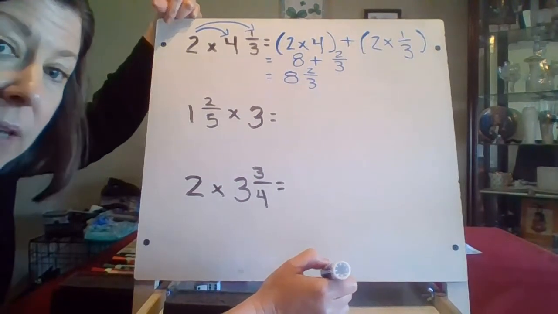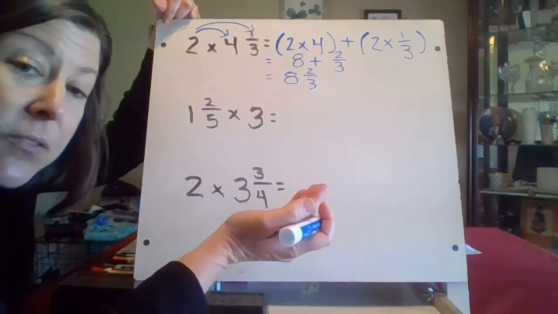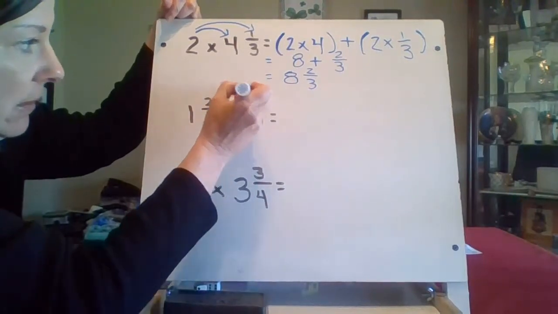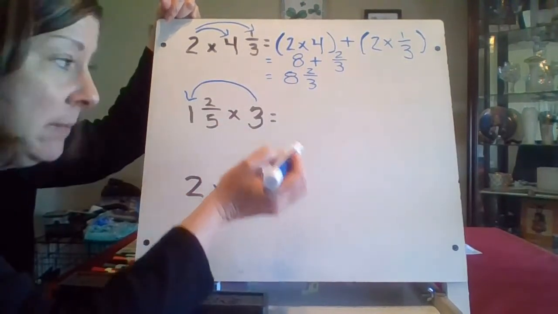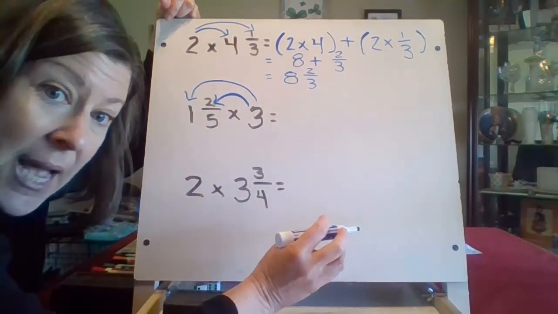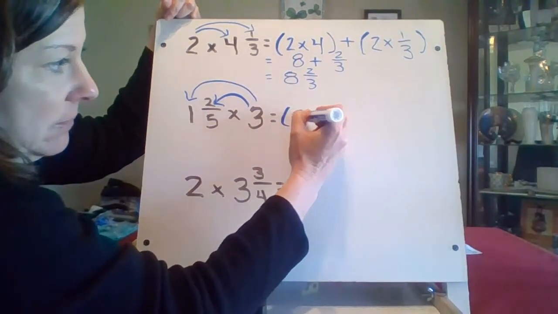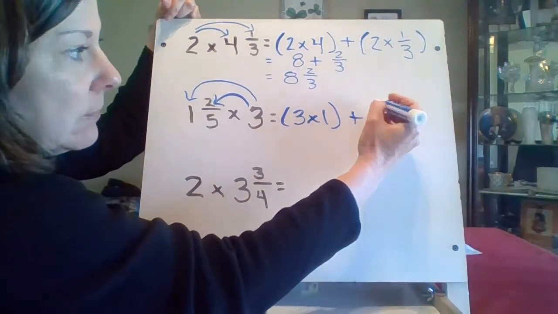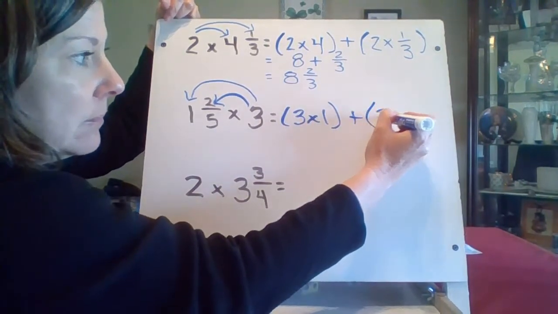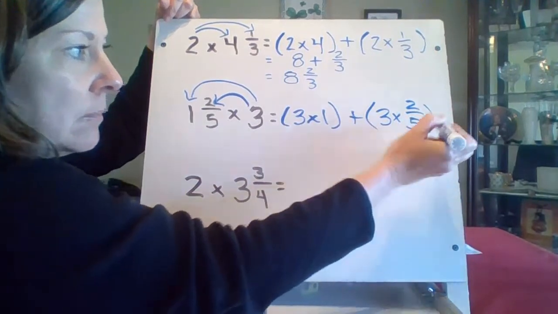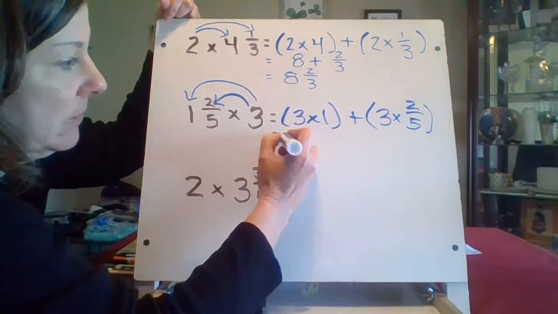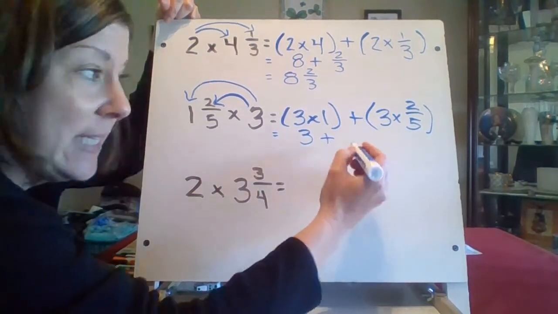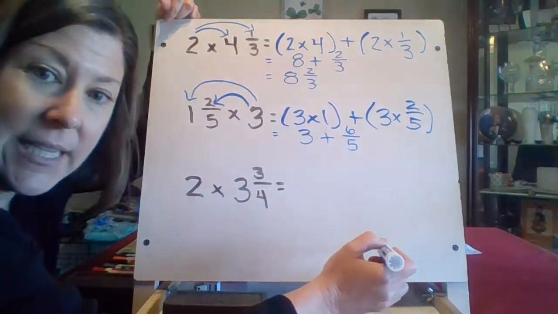Next example, 1 2/5 times 3. Now, the problem is flipped, but that's okay. I'm still going to distribute my whole part. 3 times the 1 and 3 times the 2/5. 3 times 1 is 3, plus 3 times 2 is 6/5.